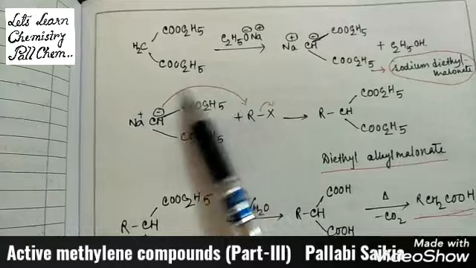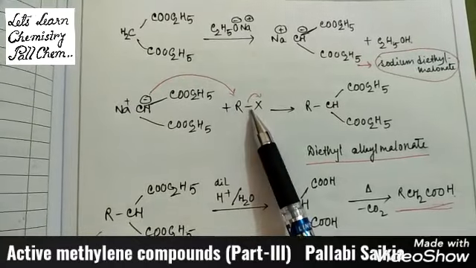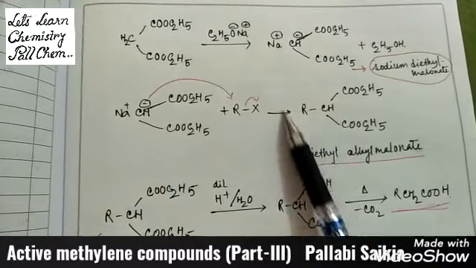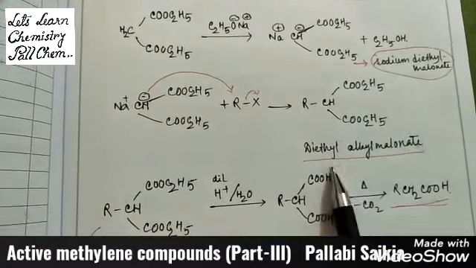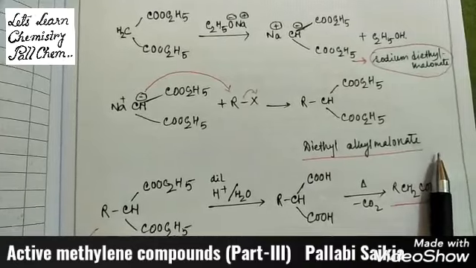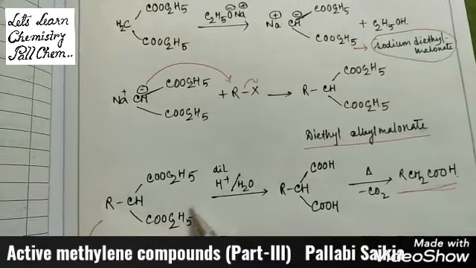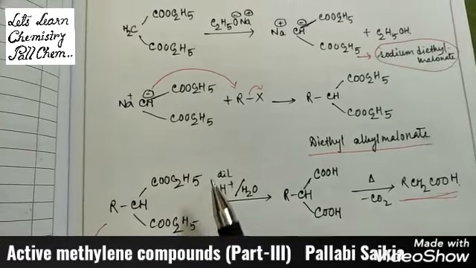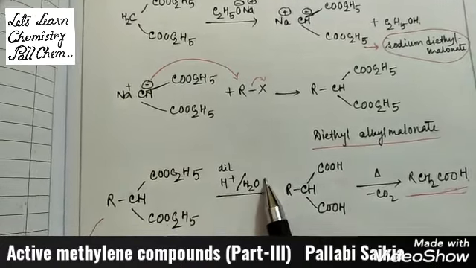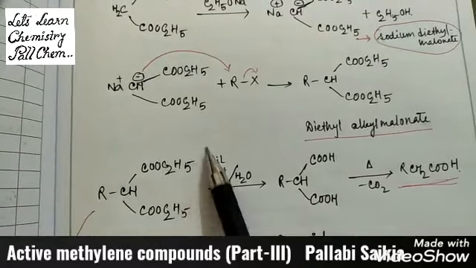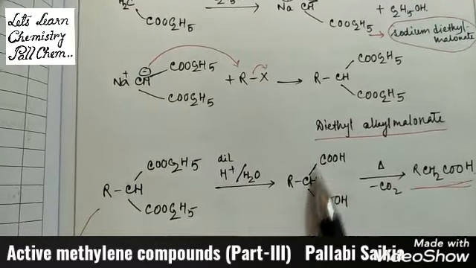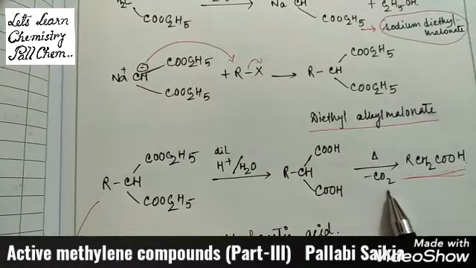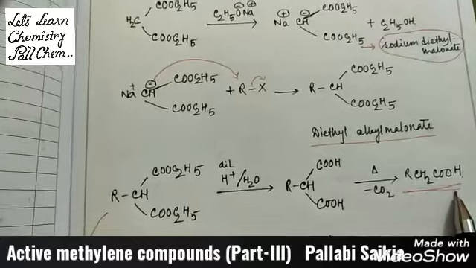And this sodium salt of diethyl malonate, if we treat it with alkyl halide, gives the alkyl derivative of diethyl malonate, that is diethyl alkyl malonate. This diethyl alkyl malonate, on hydrolysis with dilute acid, forms the dicarboxylic acid from the ester, and on further heating it loses carbon dioxide to form alkyl acetic acid.